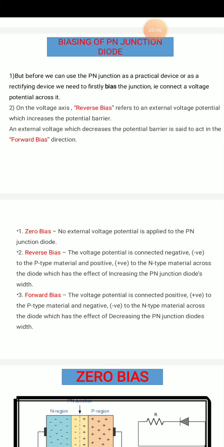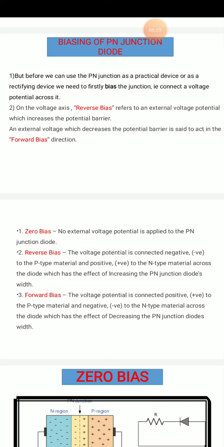Very important: we connect an external voltage potential across the P type and the N type materials. As I mentioned earlier, in P type holes are the majority carriers, and in N type electrons are the majority carriers. So what will happen when biasing takes place? We will discuss now.